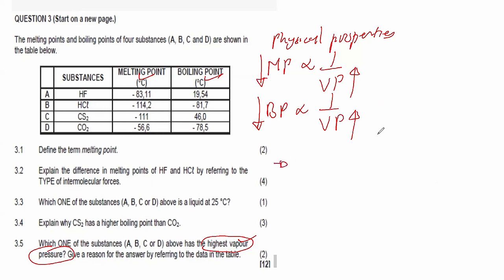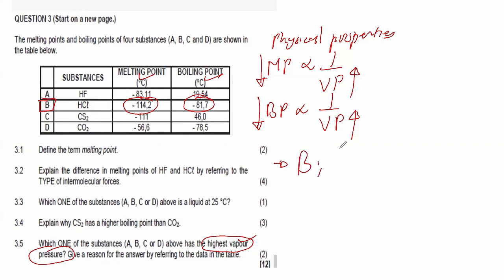So either we find one with the lower melting point or boiling point, then we are done. So let's check. We can look at the block for the boiling point. We can see that the lowest boiling point here is this one. And even looking at this side here, the one with the lowest melting point, it's still the same HCl, right? So we are supposed to say it's what? Compound B, right?